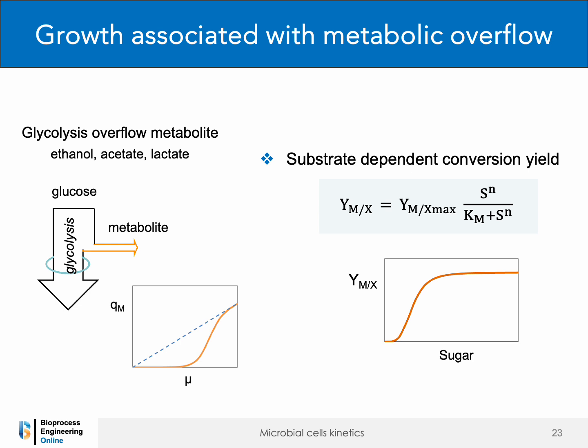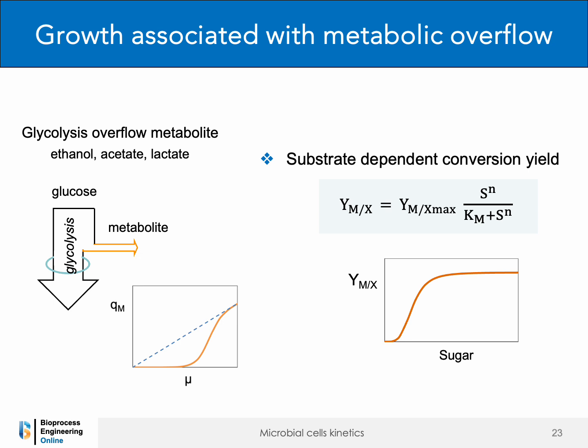The reduction in metabolite excretion at low sugar concentrations is modeled by introducing a sugar concentration-dependent stoichiometric coefficient, Ym over x, expressed as a sigmoid function of sugar concentration S: Ym over x equals Ym over x max, S power n, divided by Km plus S power n, where Ym over x max represents the maximal value observed at high sugar concentrations, and Km is a constant.